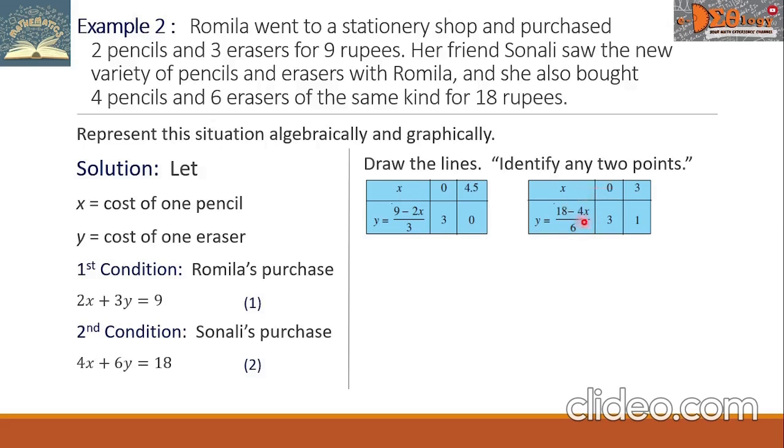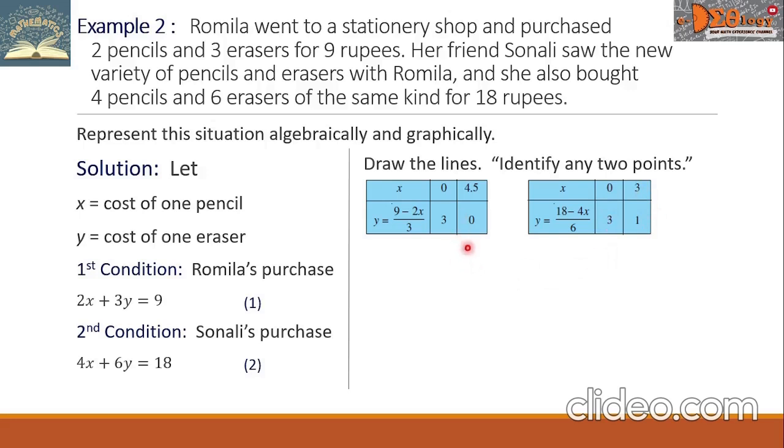We substitute it here and we can solve for y, and the value is 3. Also, we can assign 3 for x. We substitute that value here. The value of y will be 1. Therefore, the 2 points for the second line are (0, 3) and (3, 1).